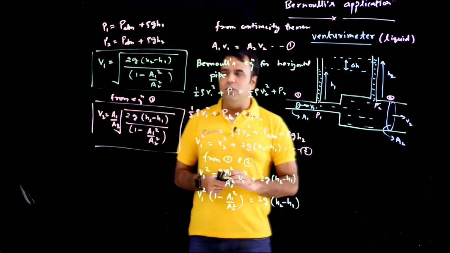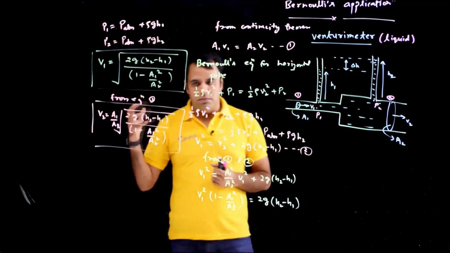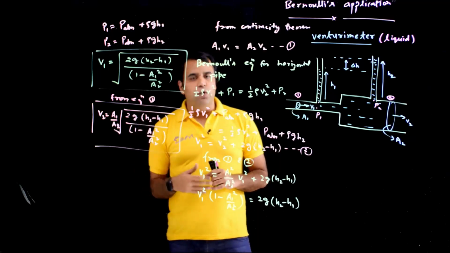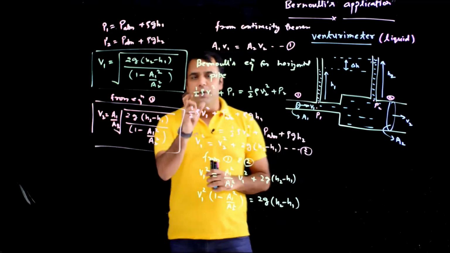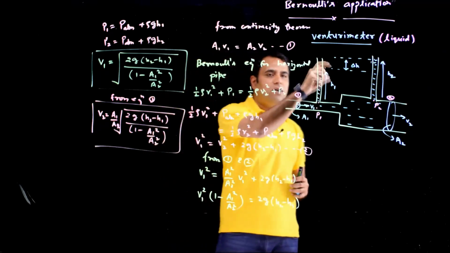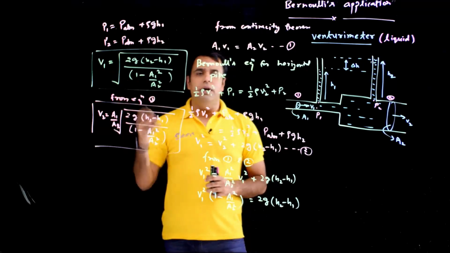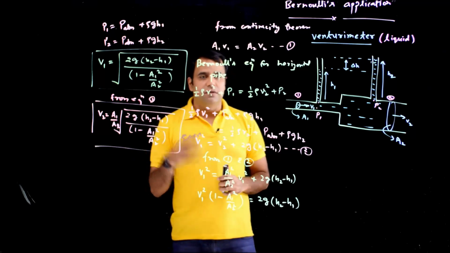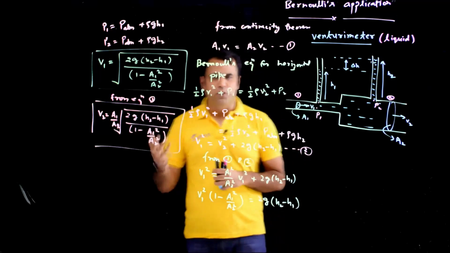And the A2 value is taken at the time of sending the water, like at the cleaning center. So that A1 upon A2 ratio they already know. They put in an instrument, a barometer, and from it they keep measuring delta H, and from delta H they can calculate how much flow is happening at your home. That gives them the calculation to measure how much water you are using, to put the bill.